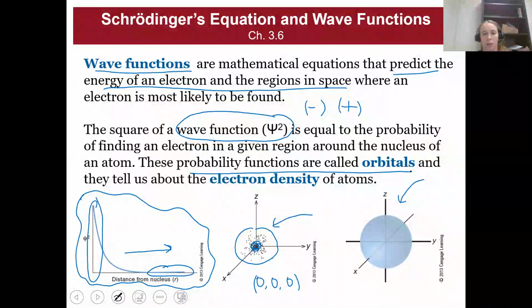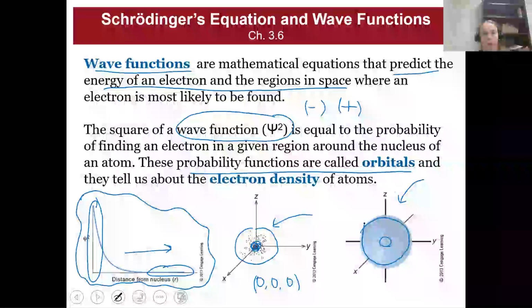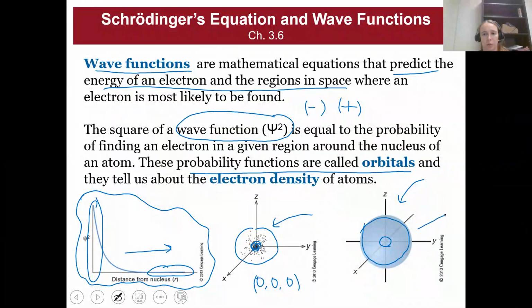The electron density is highest closest to the nucleus, and then gets smaller the further away you get from the nucleus until it drops off to 0, where there's nothing left out here. So we don't draw that on our orbital because the probability is basically 0 that far away from the nucleus.